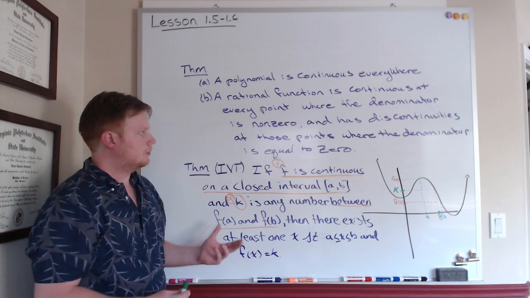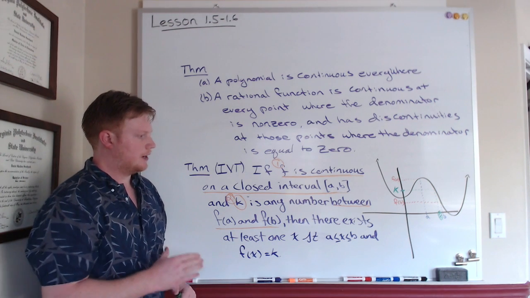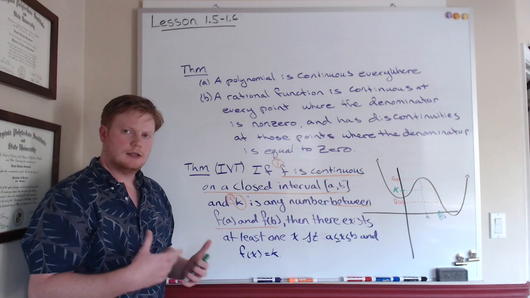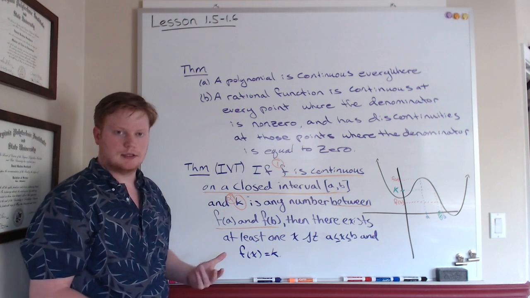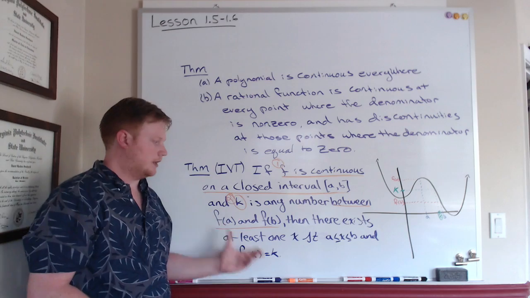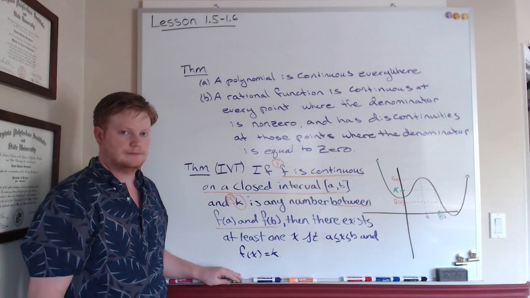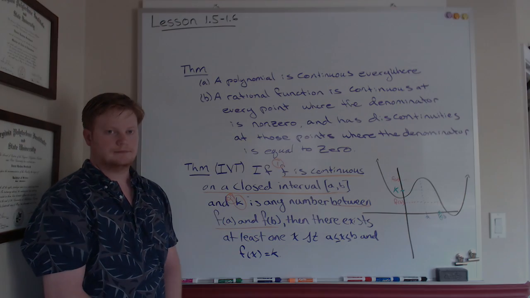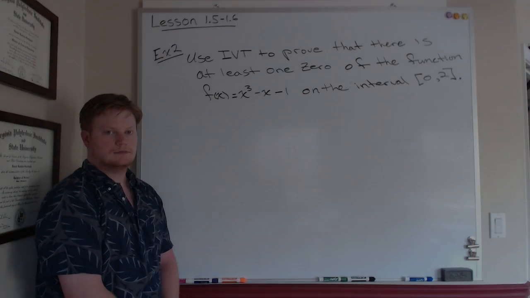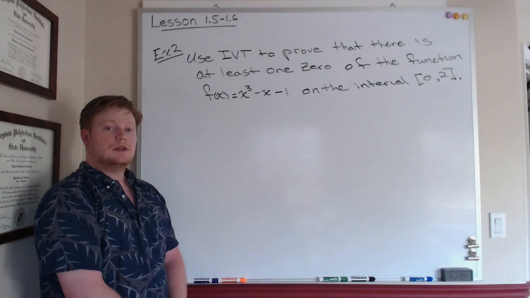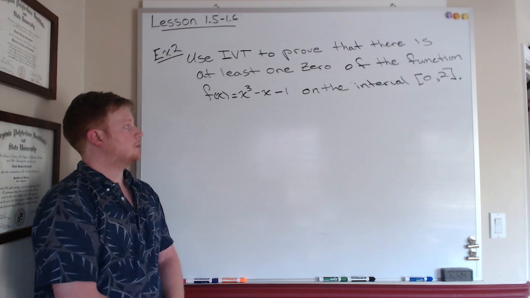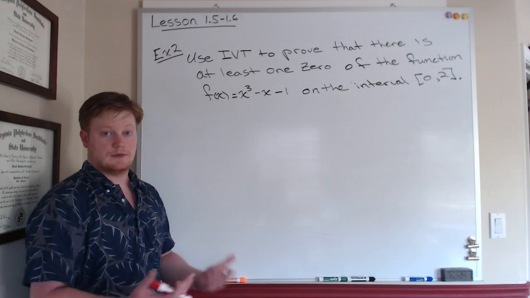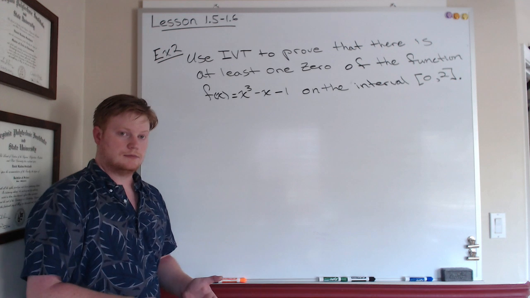So next, we'll look at an example using the intermediate value theorem, hopefully make it a little bit easier to understand what I mean by two hypotheses and a conclusion. So in this example, we're asked to actually use the intermediate value theorem to prove that a zero exists for a given function on some interval.